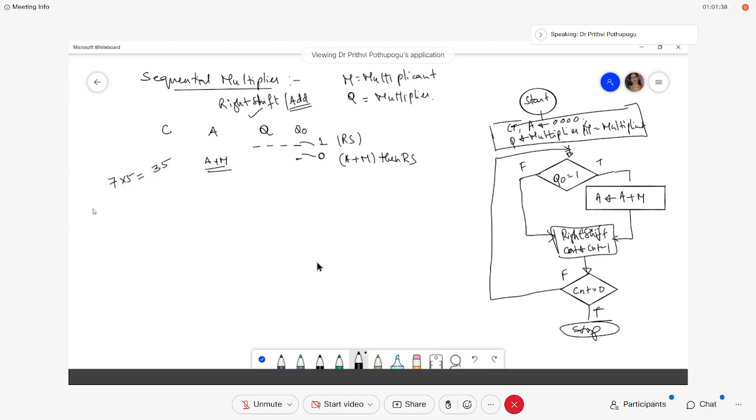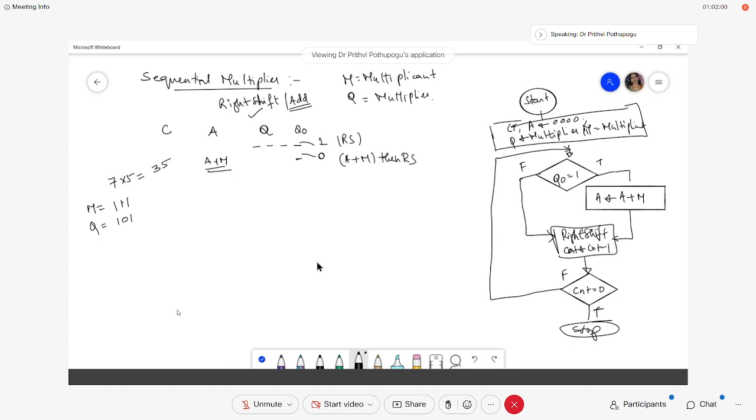I'm taking M as 7, that is 111, and Q as 5, that is 101. We don't need the 2's complement or 1's complement because there is no subtraction. It is only the addition of the multiplicand. So these are unsigned numbers we are taking.